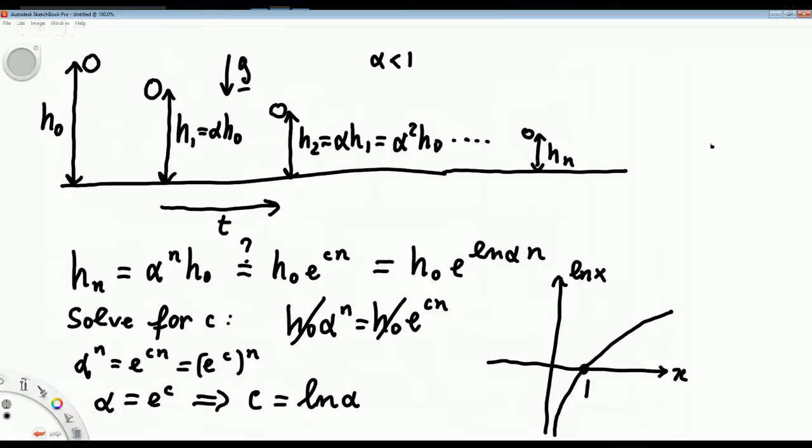Okay. So part B. How far does the ball travel before it stops bouncing in the ideal case? Why might this distance not be attained in practice? Okay.